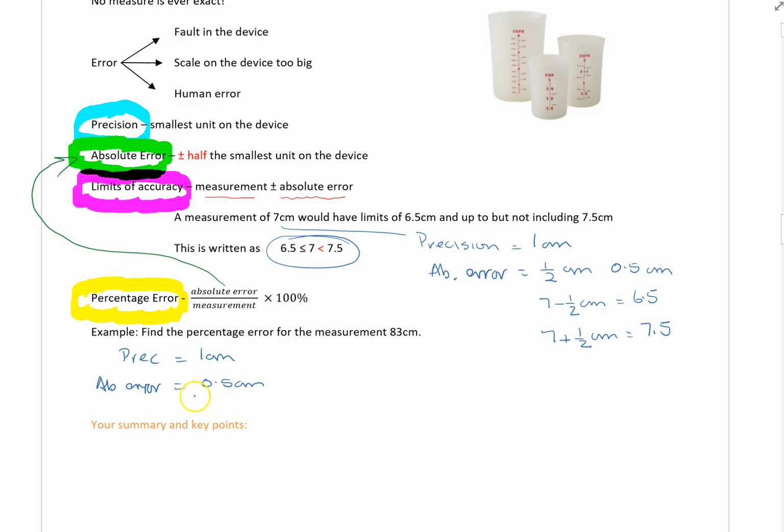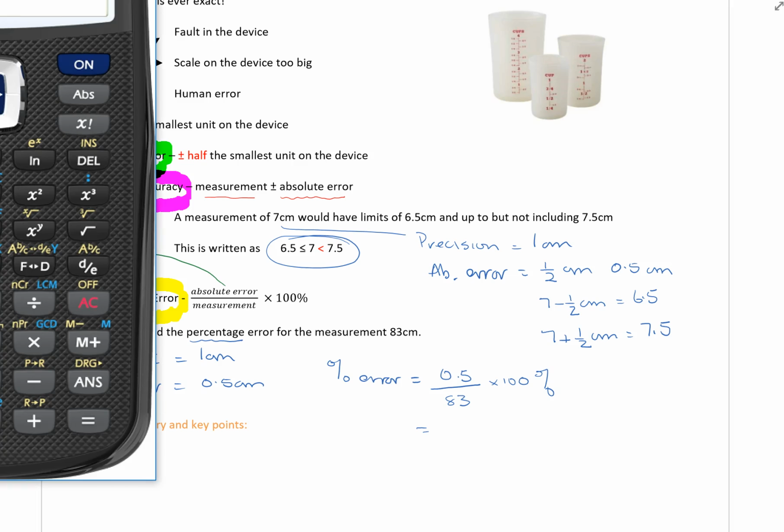So the percentage error, just use the formula, learn the formula, make sure it goes on in your summary. The absolute error, which is 0.5, over the measurement, which was 83, and multiply by 100. And it's a percentage, that's why we multiply by 100. Percentage, multiply your fraction by 100.